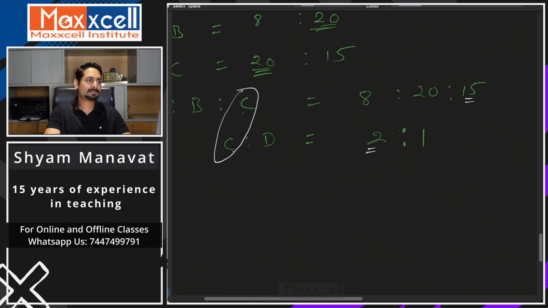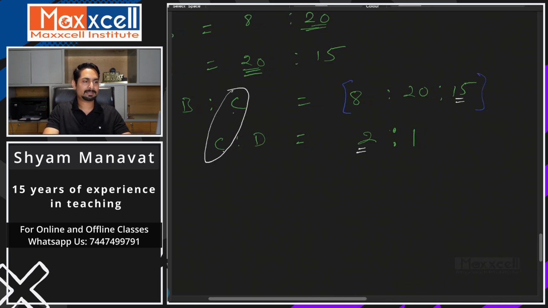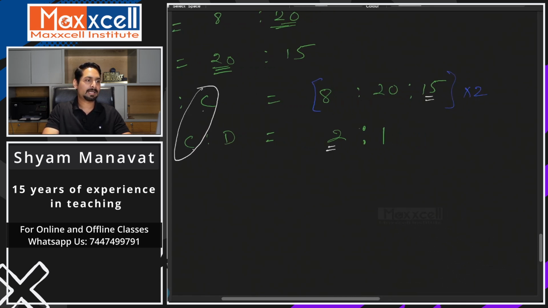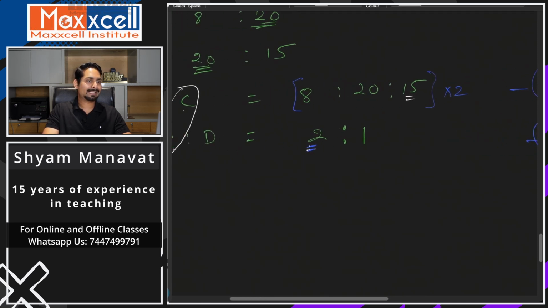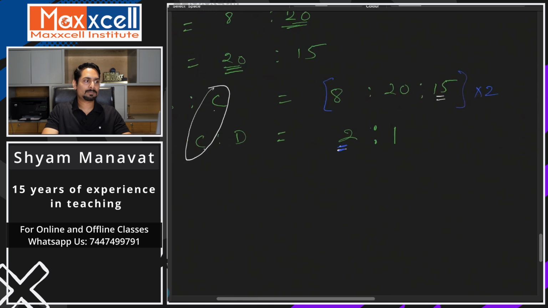How will you make them equal? Let's name them equation number 3 and 4, not to get confused. In the third equation C represents 15.